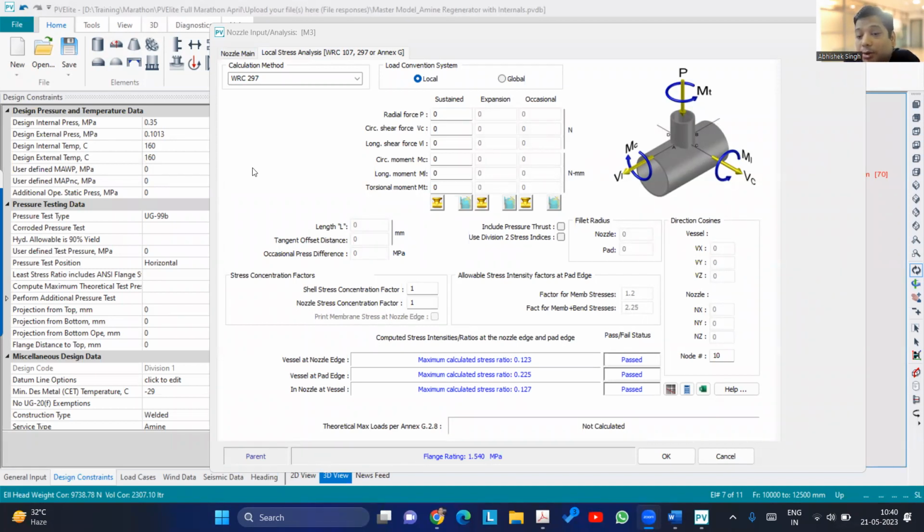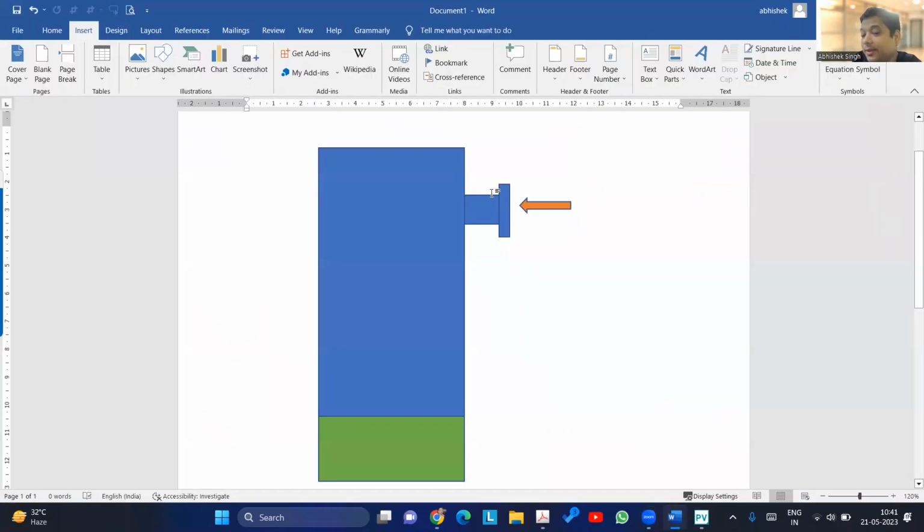So what I'm saying is, whatever 6 loads are given, if you are directly inputting them here without selecting that option, then they will be taken as at the center line, the nozzle to shell center line. So if I have a load which is not given at the center line, then I have to transfer all the loads to this location at the center.